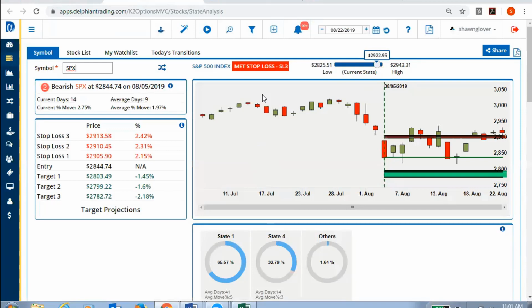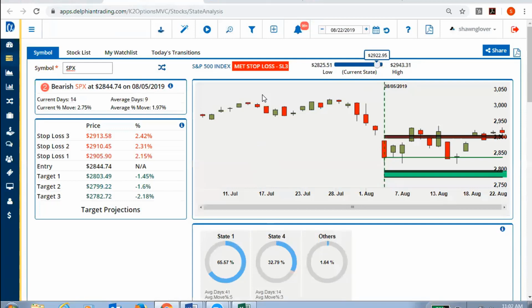Some are really, I mean, we'll go into it, but the base case for anytime something transitions is, for state 2, it's going to come down, meet target 2, and it's going to fall between target 2 and 3 within like 9 days, and then pop back up, depending on where it normally goes.